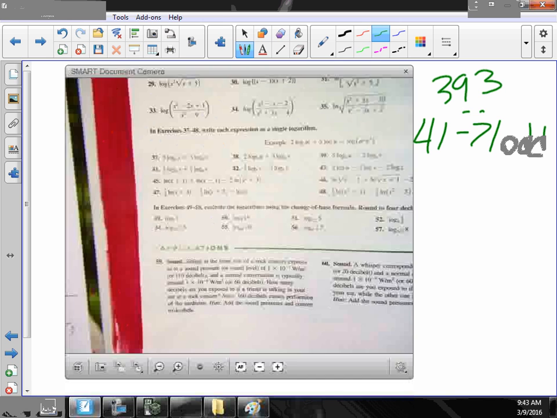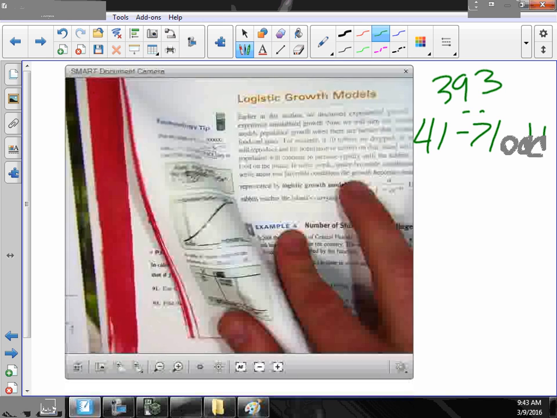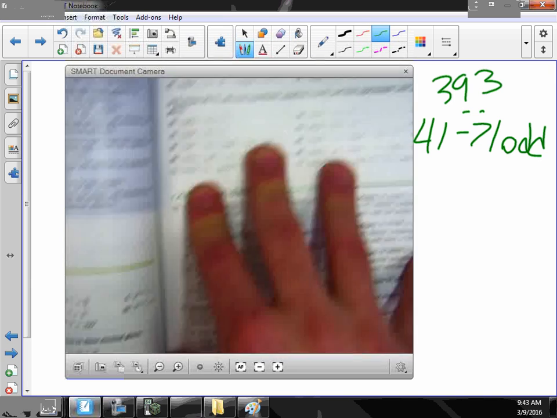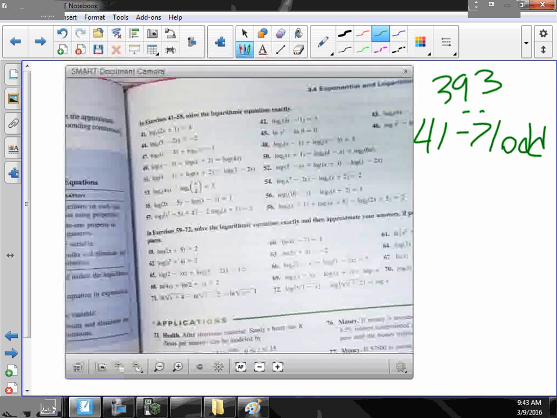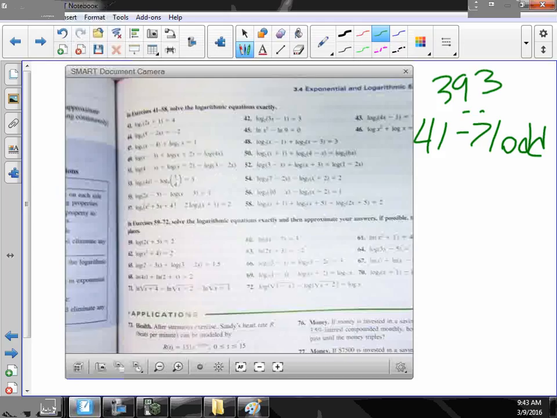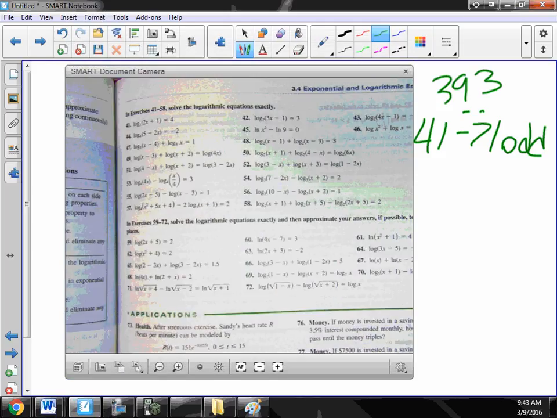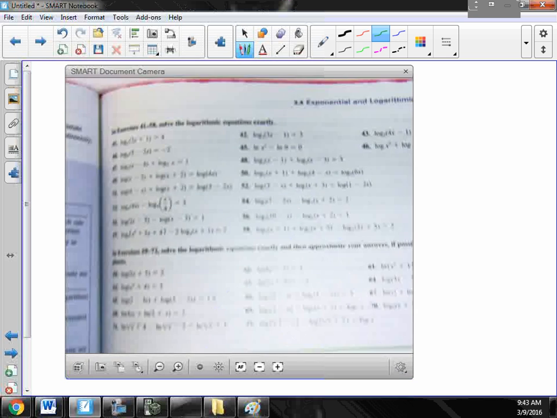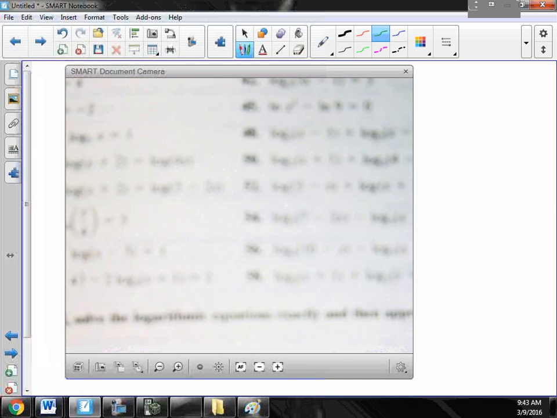So 393. You're so excited for that. All right, I'll solve some of the even numbered ones, and you guys get to solve the odds. I'm sorry.